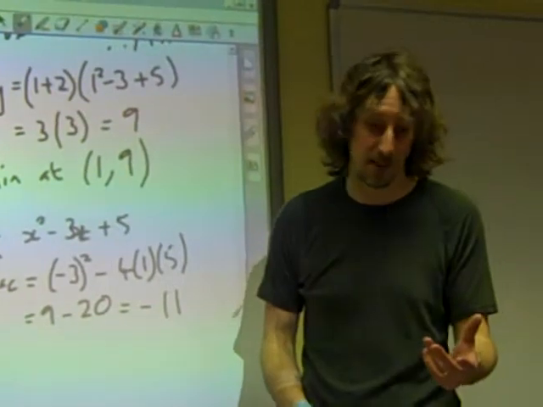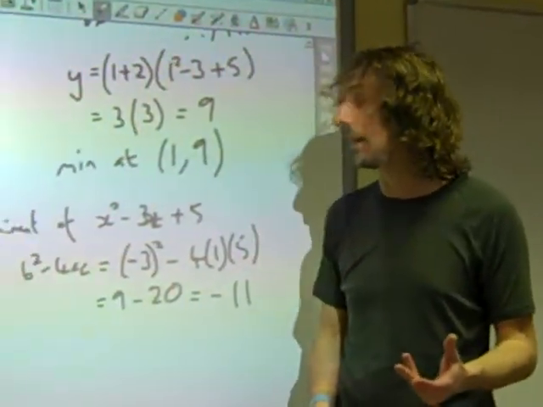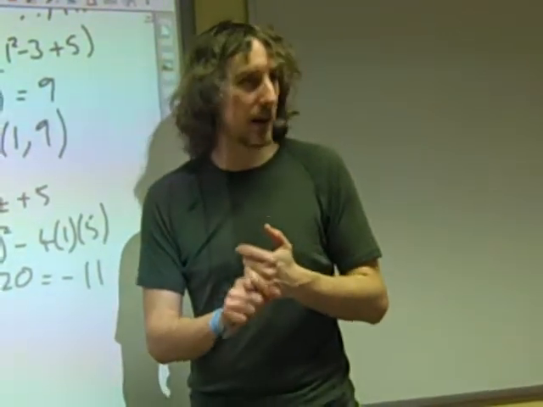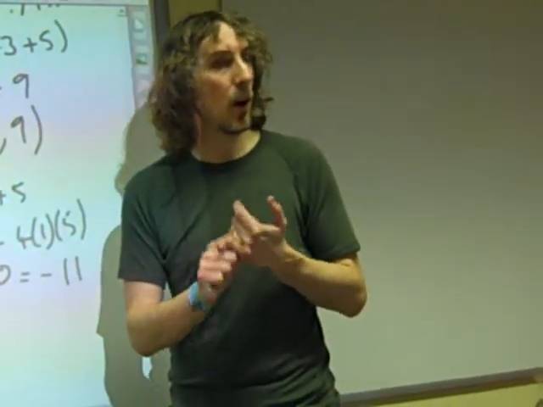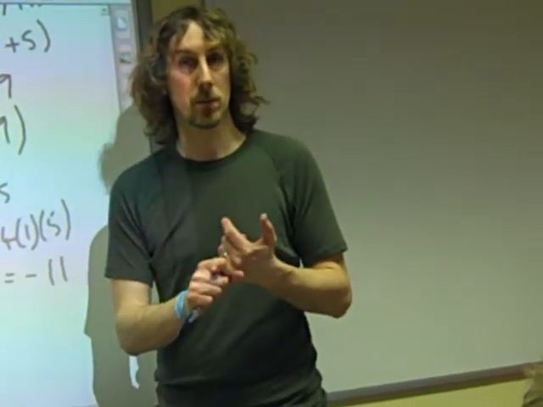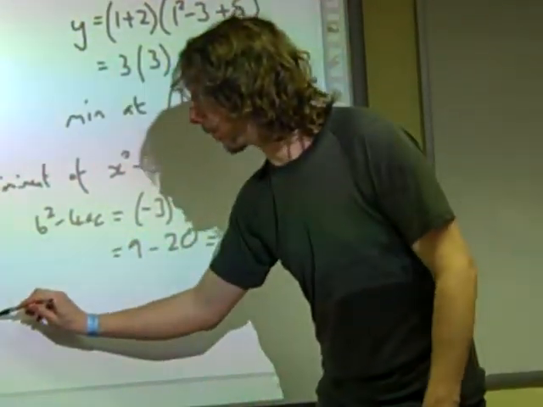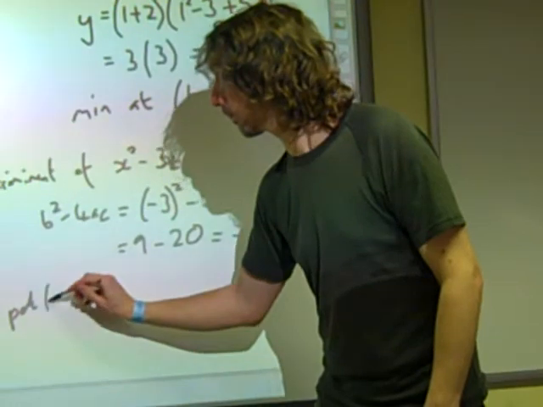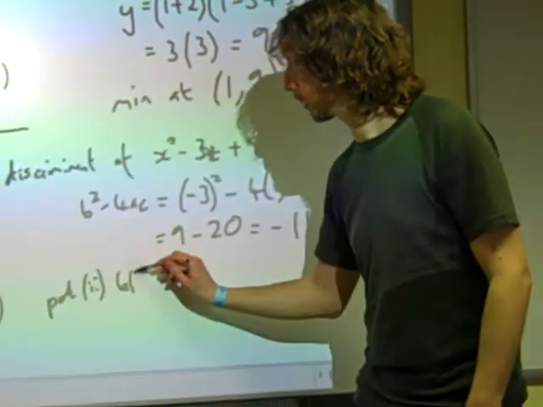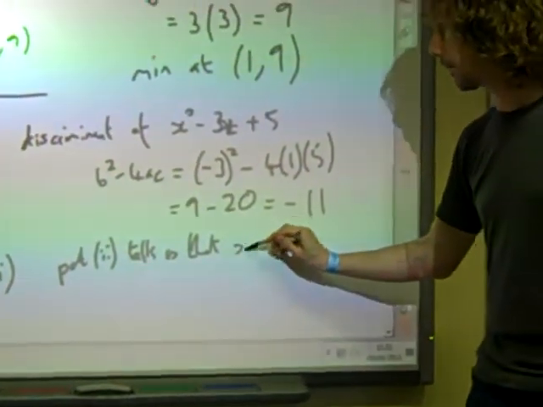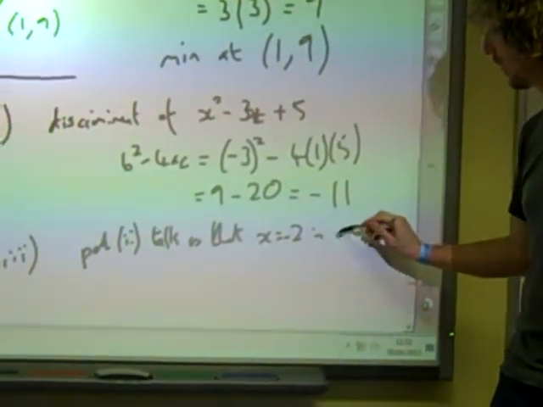But if we want to explain this in some words, well, what we're saying here is that x equals minus 2 is the only real root. That's what part 2 tells us.